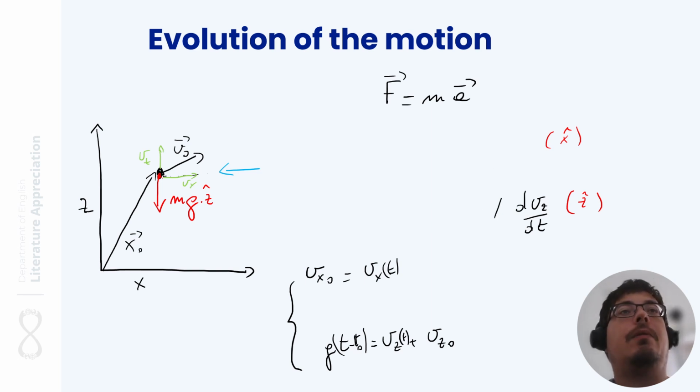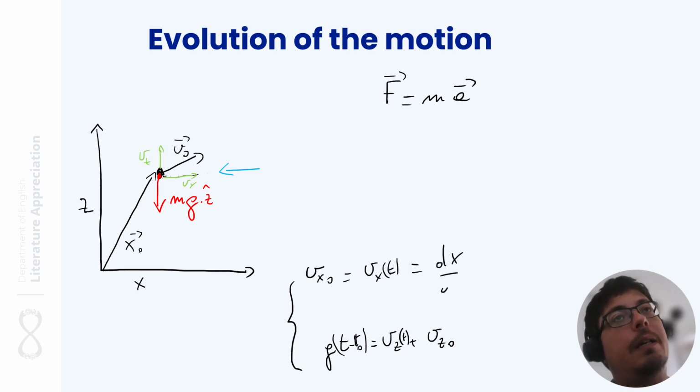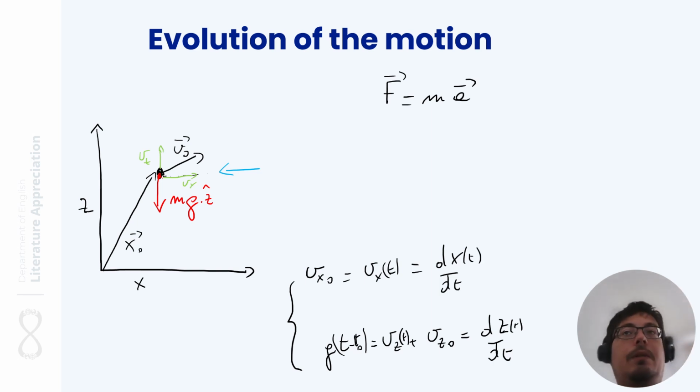Now we have another equation of motion, because now we have this can be written as the derivative of x over time, and this can be the derivative of z over time. Z is the space, the position, the spatial coordinate, and x is the spatial coordinate. So we reduce to study the space now.